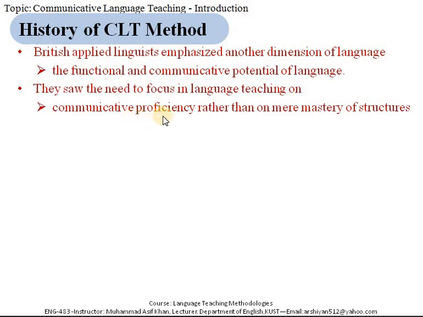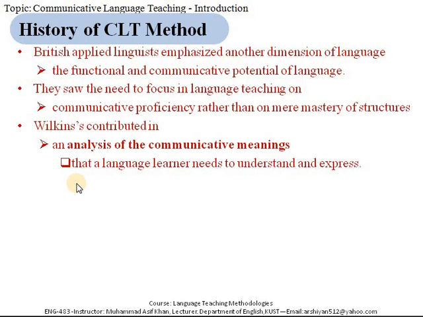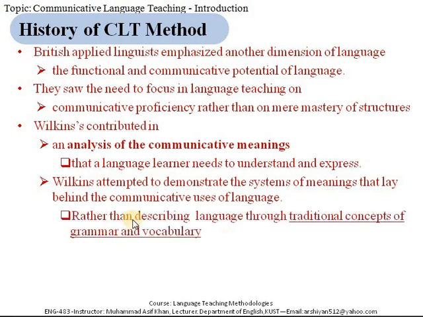Here we acknowledge Wilkins, who contributed an analysis of the communicative meaning that a language learner needs to understand and express. What is that communicative meaning? That is analyzed by Wilkins. He demonstrates the system of meanings behind the communicative use of language. Instead of describing the core of language in the traditional way, through grammar and vocabulary, he analyzes language from another perspective, the understanding of the system of meanings that lie behind the communicative use of language.